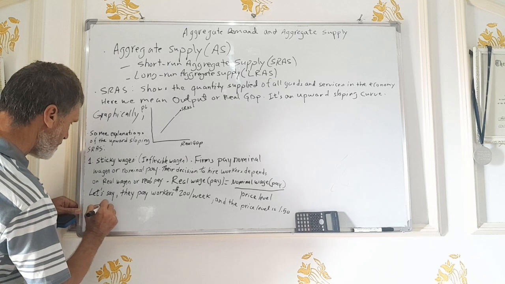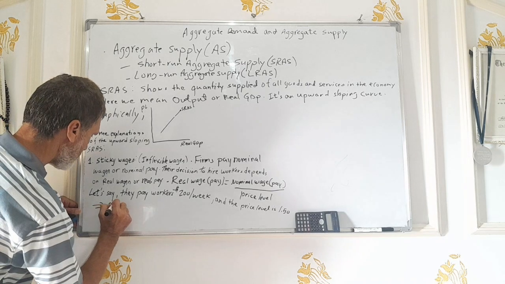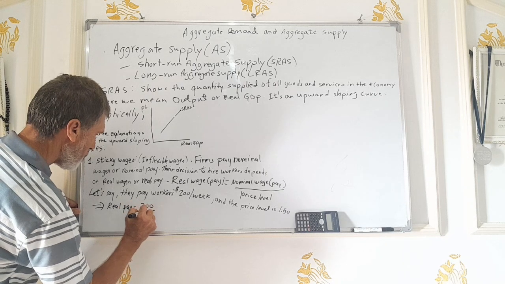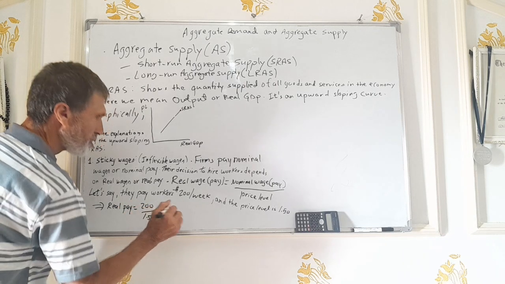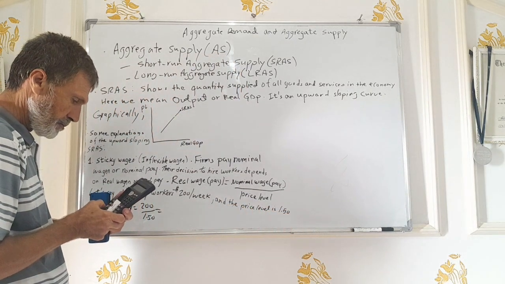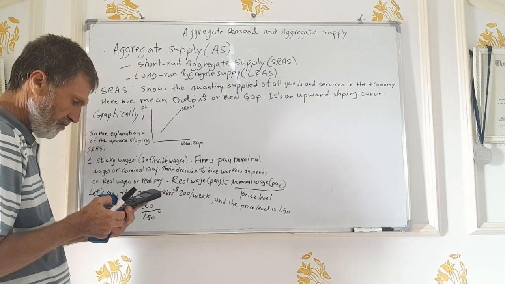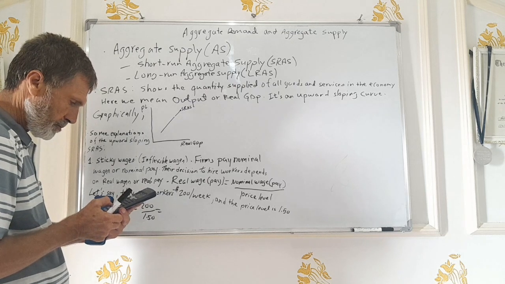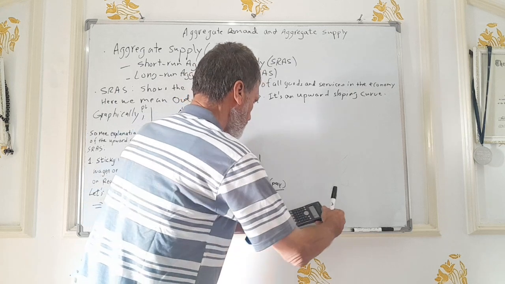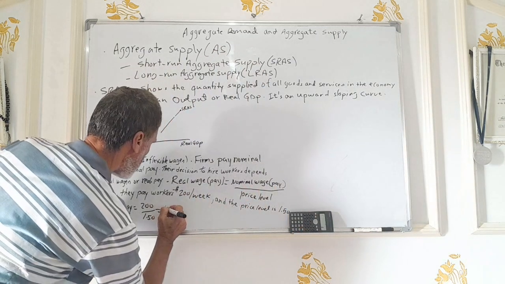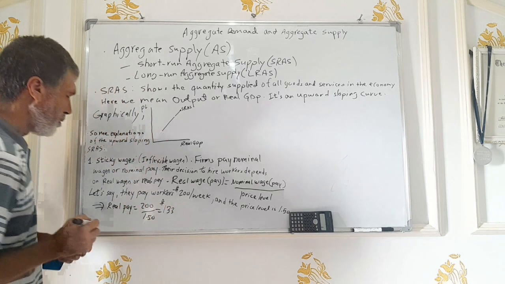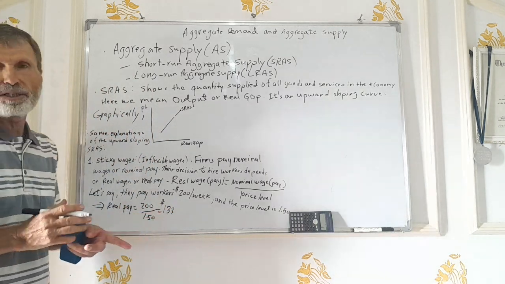So real pay is going to be equal to 200 over 150, which is equal to 133. $133. So the real pay is $133.